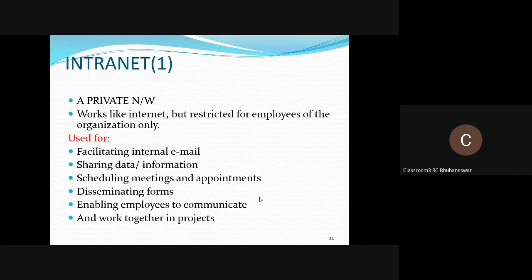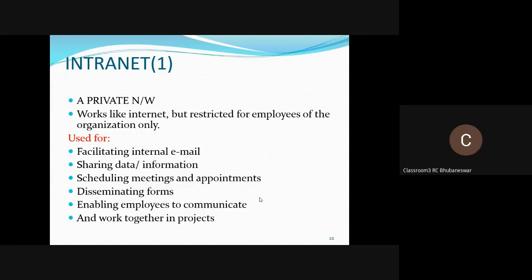So why do I have to use this? Now, look at TCS's network, I have to say this is an intranet. In Tech Mahindra, there is one office. The network they are using in Tech Mahindra, I have to say this is an intranet. It is used for facilitating internal email, sharing data or information, scheduling meetings and appointments, disseminating forms, enabling employees to communicate and work together in projects.